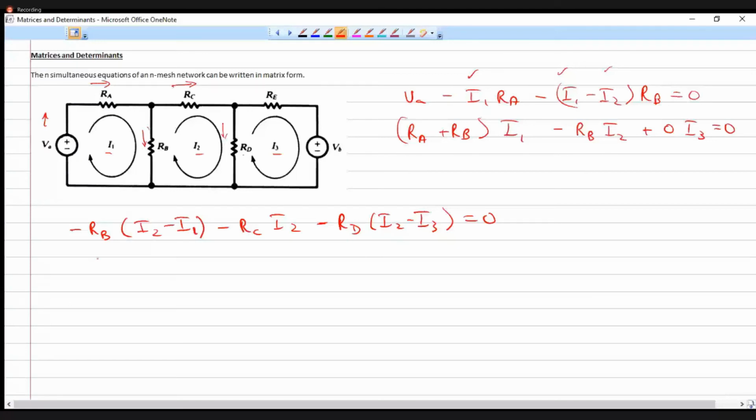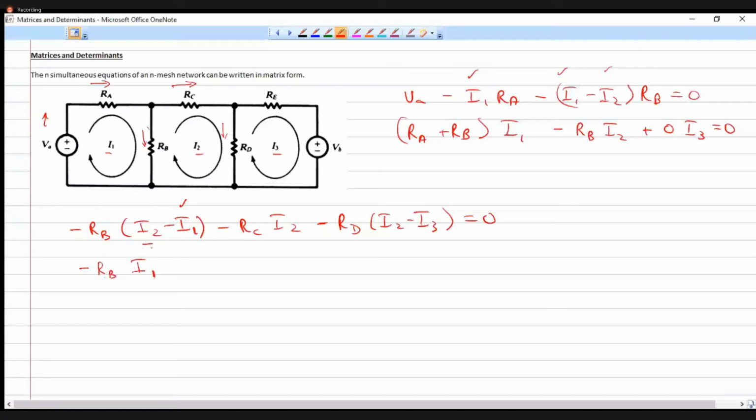Now rearrange this equation so that I can write it in this form: some resistor into I1 current, some resistor into I2 current, some resistance into I3 current, like that. For I1, I bring it to the other side, so I will have minus RB into I1.